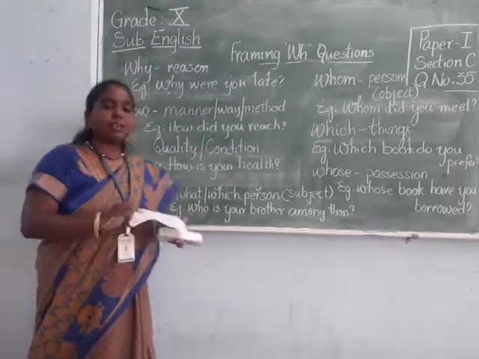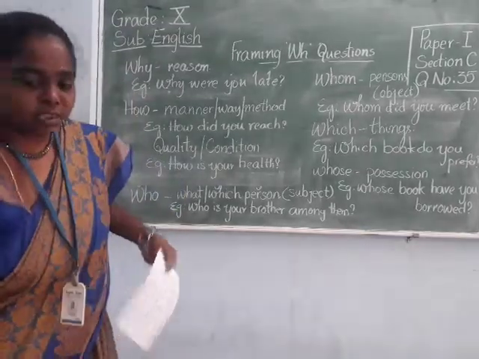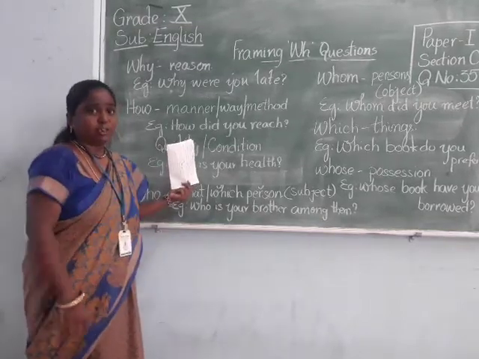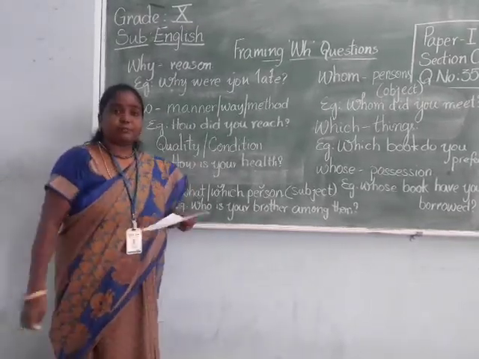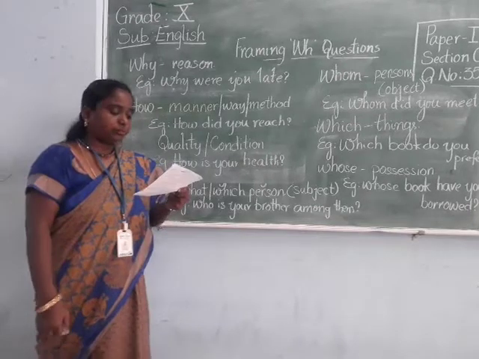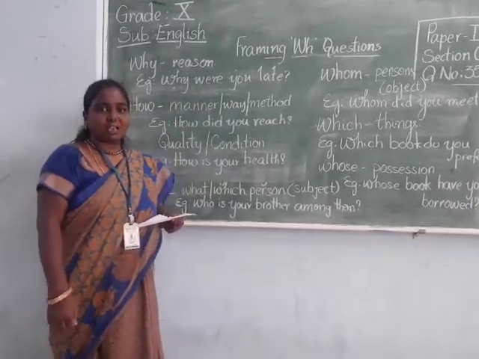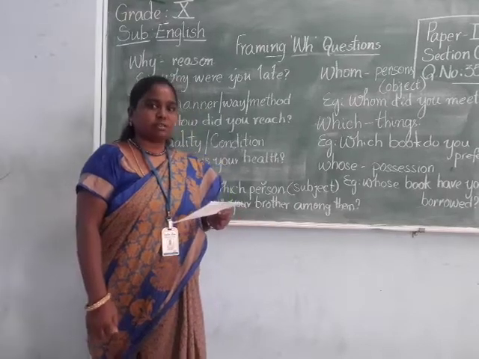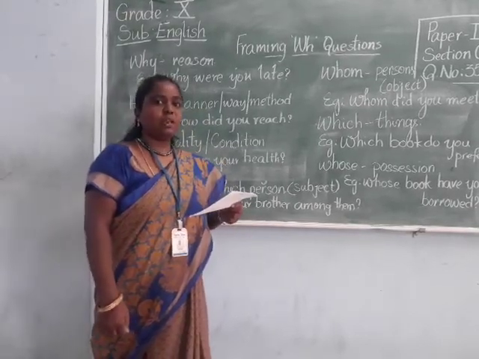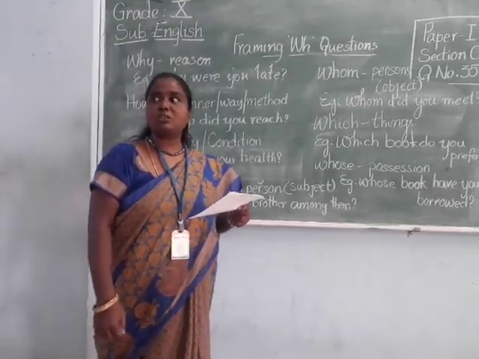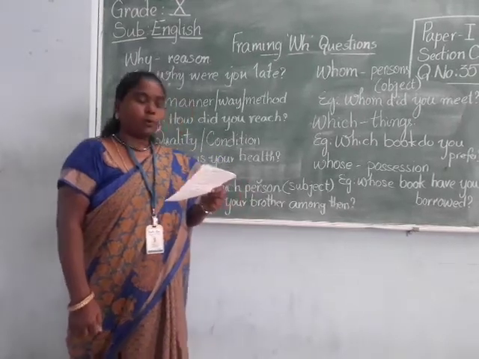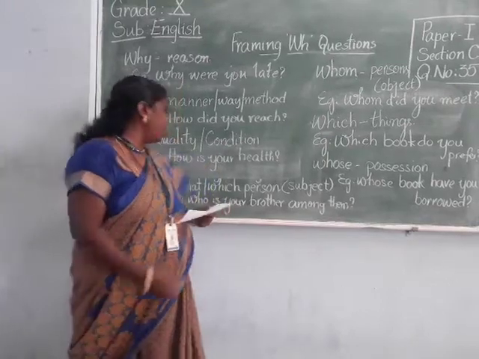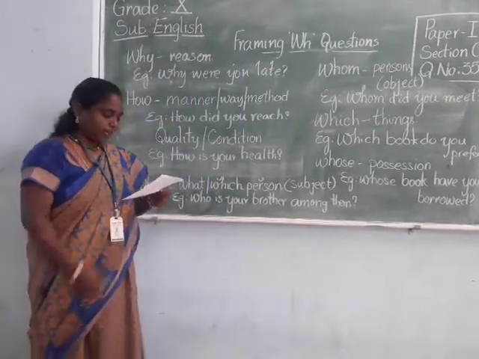So let us recap once all the usage of these WH words, and then let us go deep into the next topic. First, let us begin with what. What is asked to get some information about something. When is asked to know about the time. Where is asked to know about the place or location.